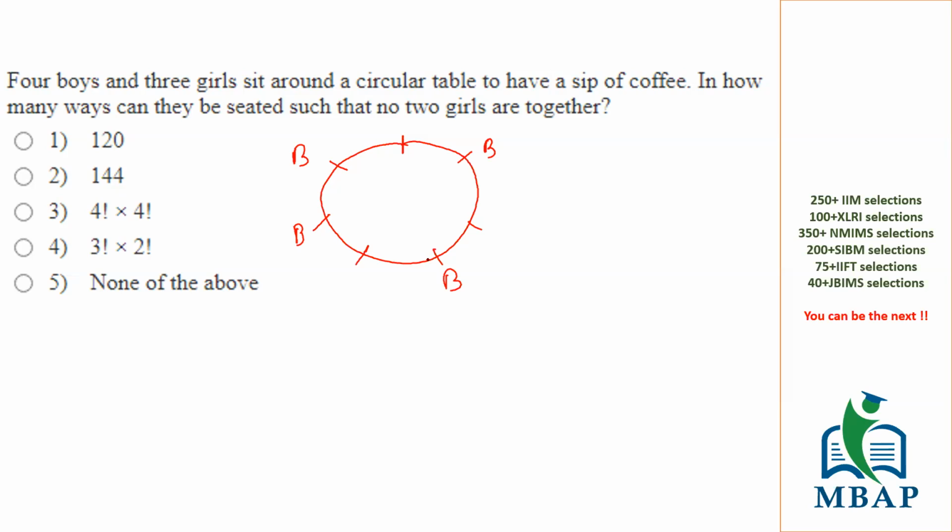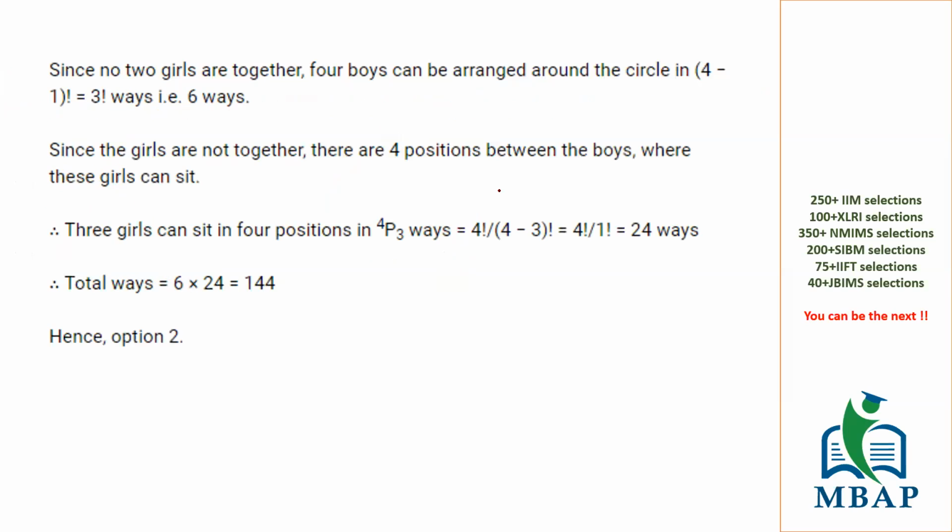So one, two, three, four, five, six, seven. So this will be 4 factorial into 3 factorial ways.